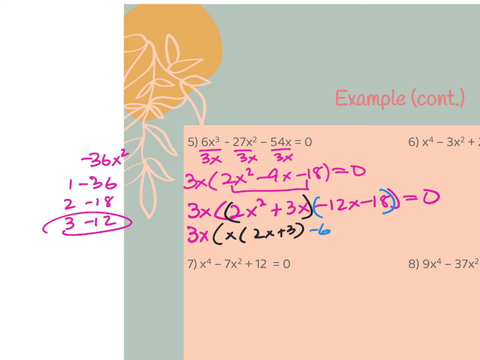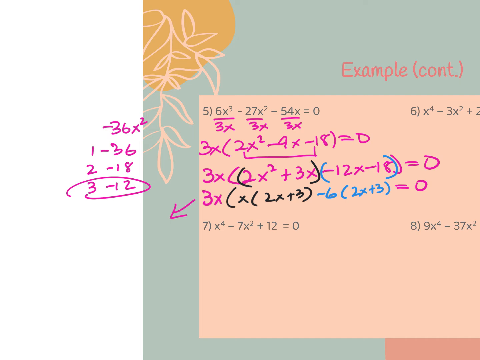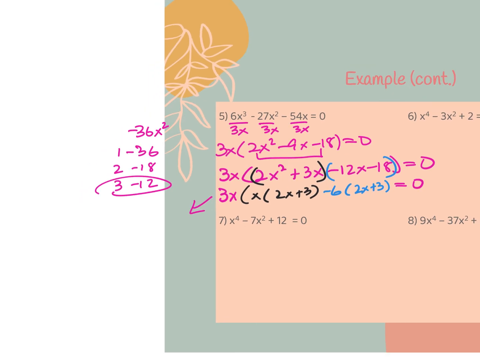GCF of blue will be negative 6. And now set it equal to 0, each one of the factors, and I'm going to keep solving it over here to the side. So take the 2 things here, the 2 GCFs you divided by. They go in a parenthesis together, as well as what you got when you divided.